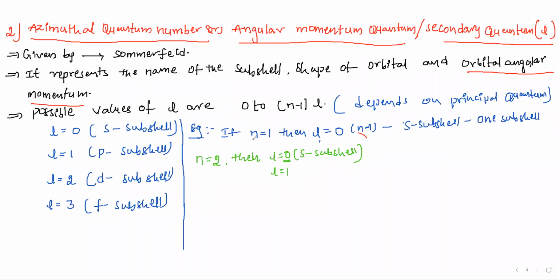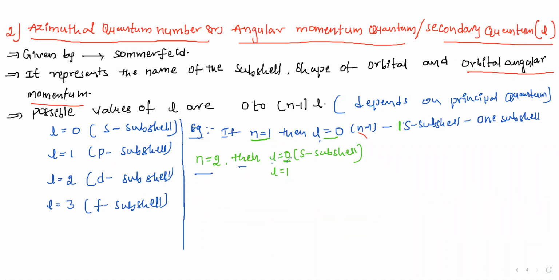Amma, here n is equal to 1 and it's having L is equal to 0. It contains only one subshell, that is 1s subshell only. Okay na? Example, hydrogen and helium. Now listen very careful. If n is equal to 2, then the L values are 0.